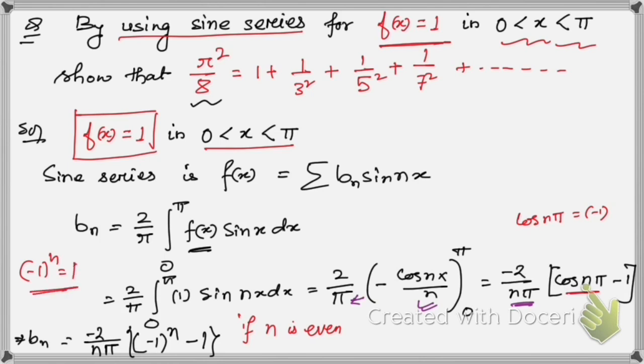Let me go to the next slide, then it will be more clear to you. Let me solve this step in the next slide. So let me copy this and go to the next slide here. As we have minus 1 to the power n, and here 1.